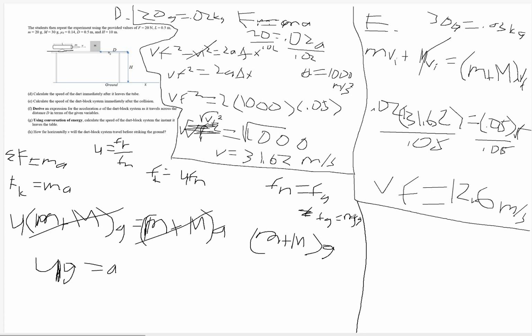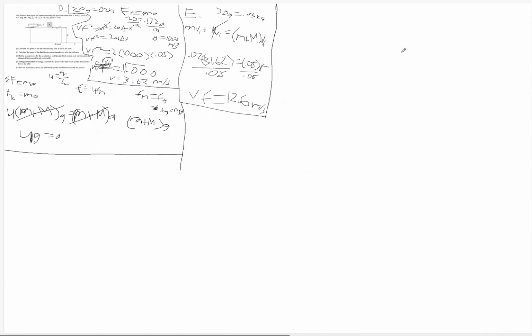Right, part E. Alright, so part G. Using conservation of energy, calculate the speed of the dart block system the instant it leaves the table. So conservation of energy: mechanical energy initial is equal to mechanical energy final.